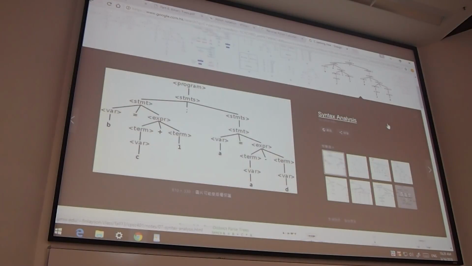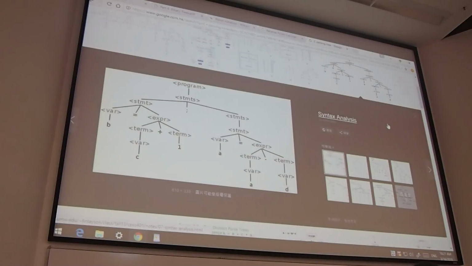Now this is a C parse tree, which you have been writing for a long time. When you write a C file, what do they do? It's a program, and each one of them is a statement, and then each statement gets parsed. You realize that it's a variable, then an equal sign, and then the rest of the expression. So it will be parsed into a tree.